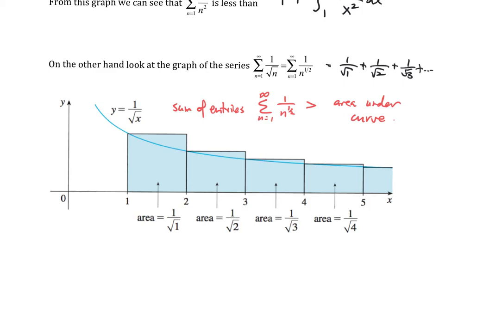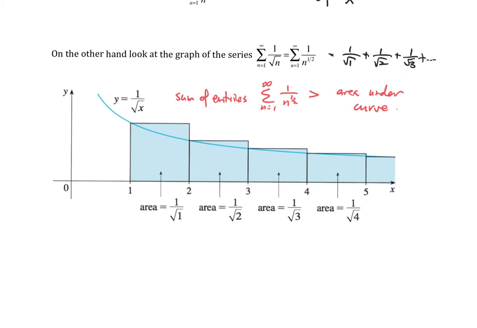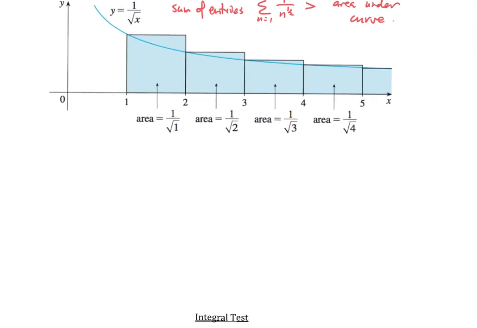In other words, I could really write this as follows. The integral from 1 to infinity of 1 over the square root of x dx is actually going to be less than the infinite sum as n goes from 1 to infinity of 1 over the square root of n, right?